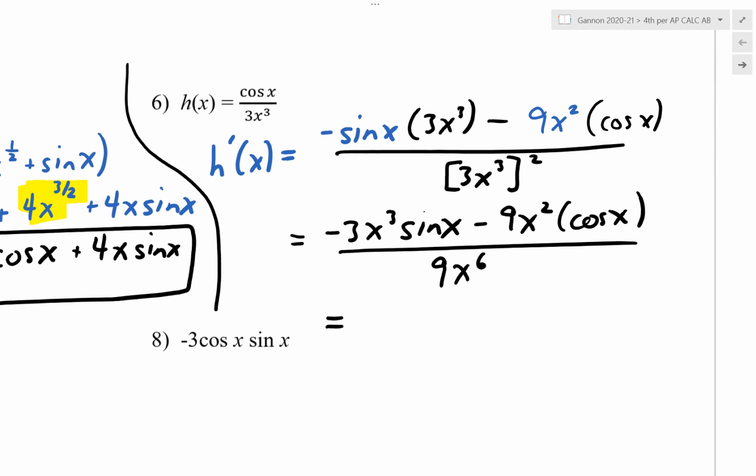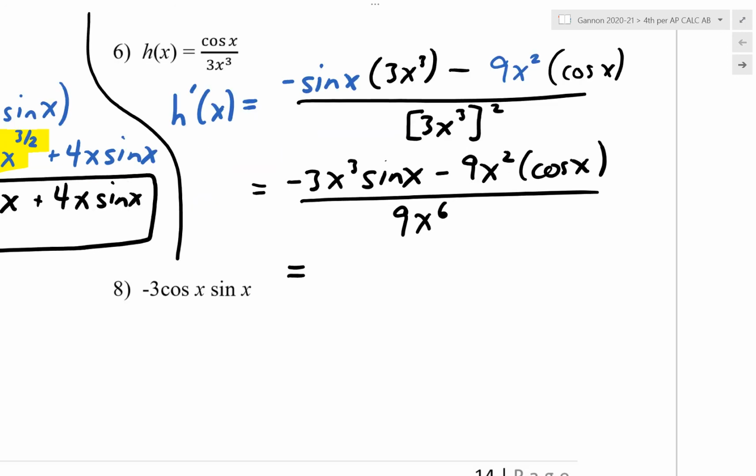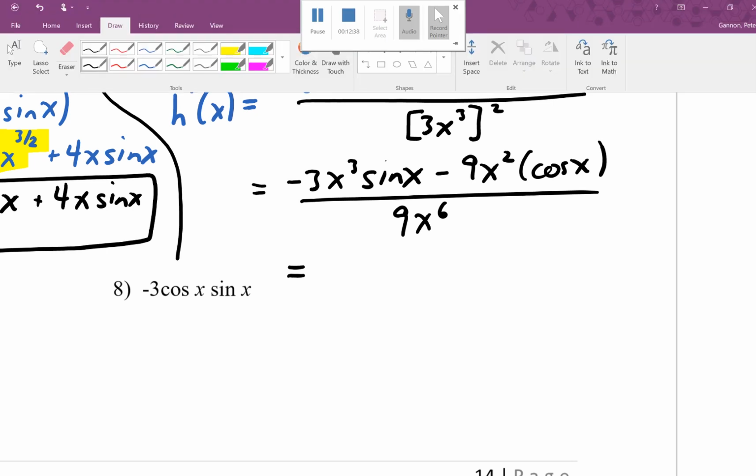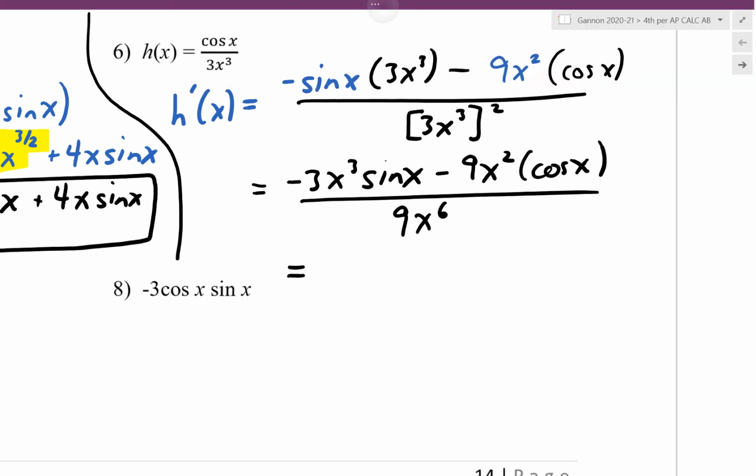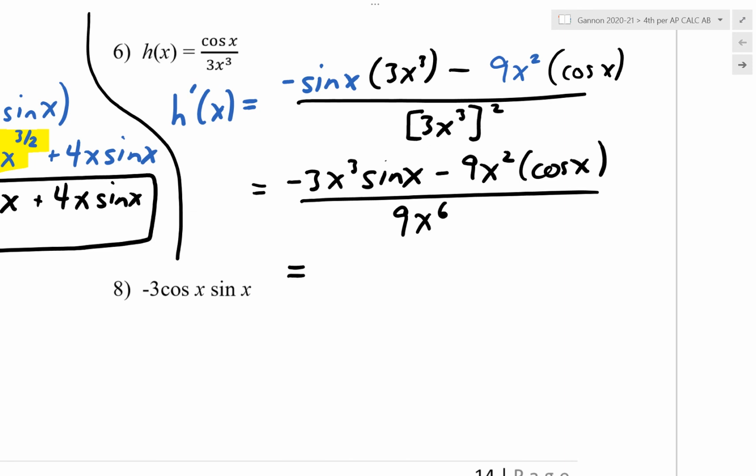And then at that point, it is a fraction, so you'd want to see, is there anything that can reduce? Well, hopefully you recognize that everything is divisible. There's a negative 3x squared in every one of these terms. So we can reduce out that negative 3x squared.